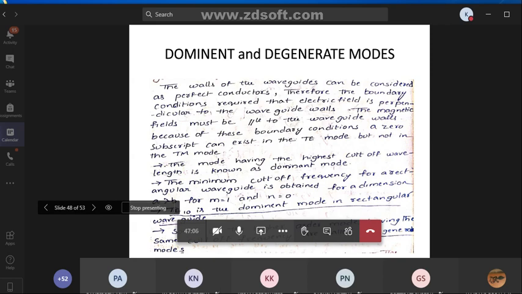In TE modes, TE10 exists, TE01 exists, right? But in TM modes, TM10, TM01 and TM00 cannot exist. So TE10 mode has the lowest cutoff frequency, or the highest cutoff wavelength. That mode is called the dominant mode in rectangular waveguide. So TE10 is the dominant mode in rectangular waveguide. Okay, so that is the dominant mode.